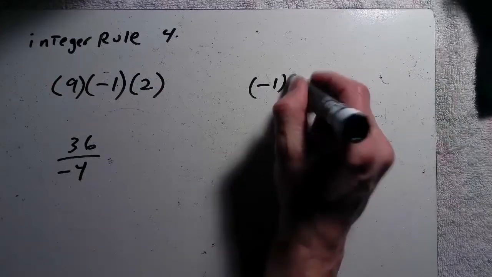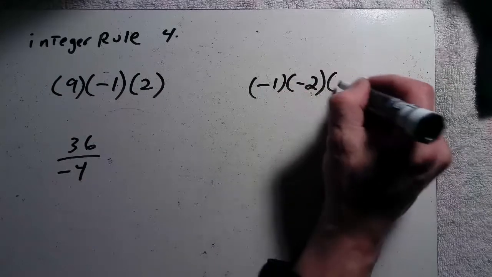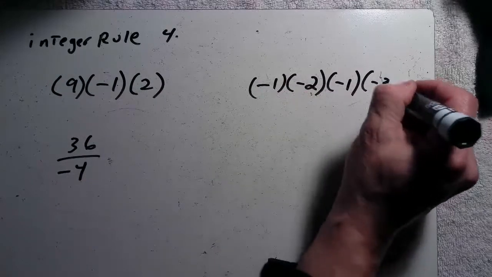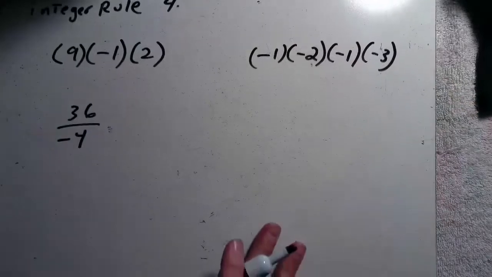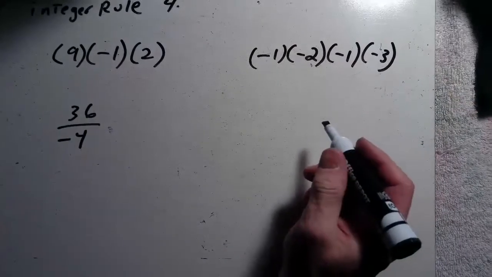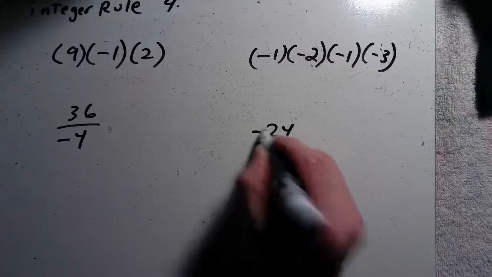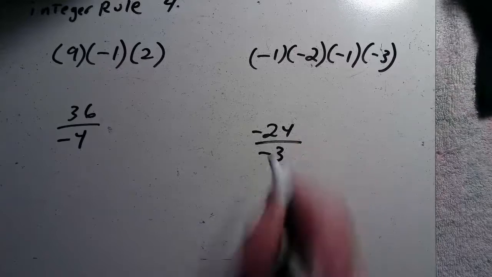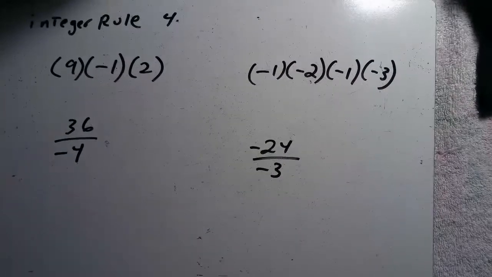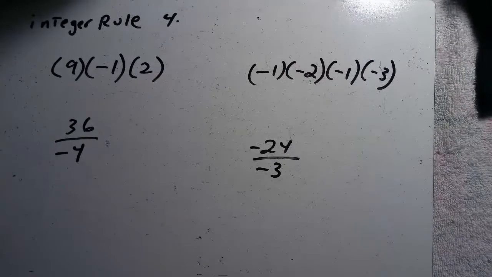Negative 1 times negative 2 times negative 1 times negative 3. Negative 24 divided by negative 3. Pause the video, go ahead and work on these. I will show the answers.